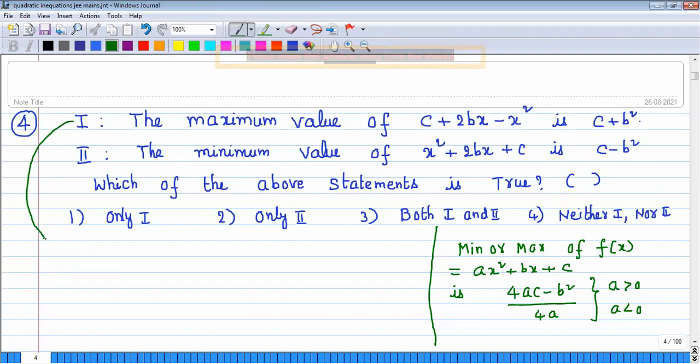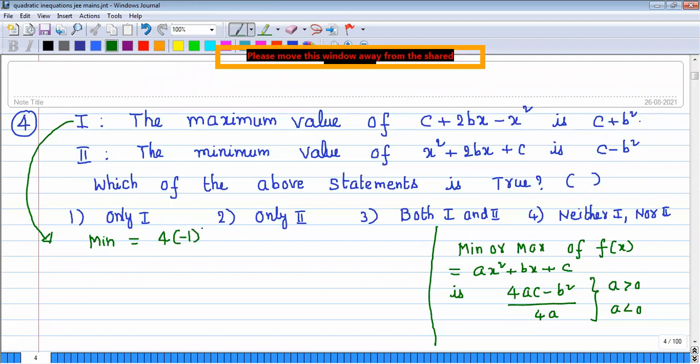Let us come to the first one. Using the formula, 4ac means 4 into the coefficient of x square, which is minus 1, into c, minus b square.